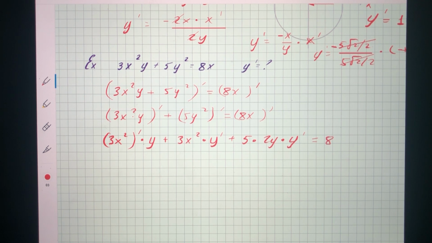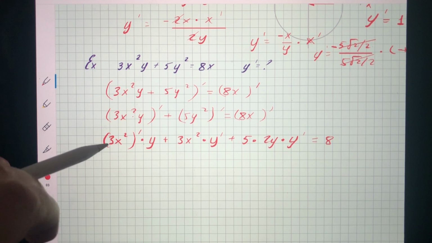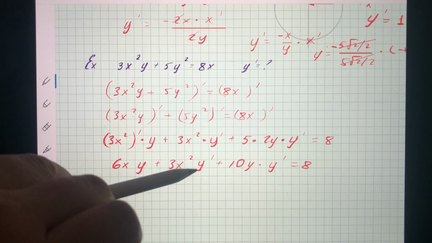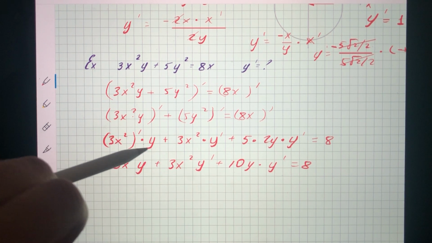So we're almost done. We need to take a derivative of 3x squared, which is 6x y plus 3x squared y prime. 5 times 2 is 10 y. Y prime is 8. Now we have y prime in two terms, and this term has no y prime.